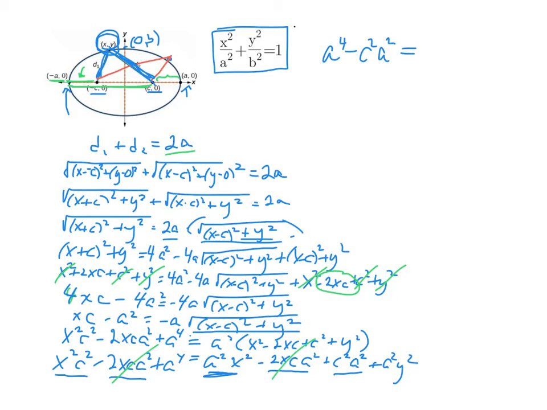And then on the right, we end up with x squared times a squared minus c squared. All right, so that was this one. We bring it over to the right, and this one. And then we have plus a squared times our y squared.